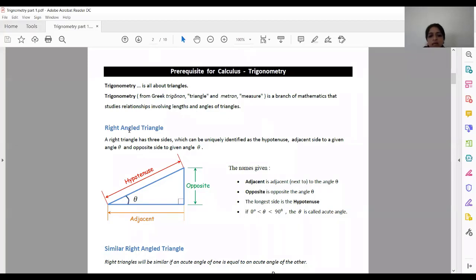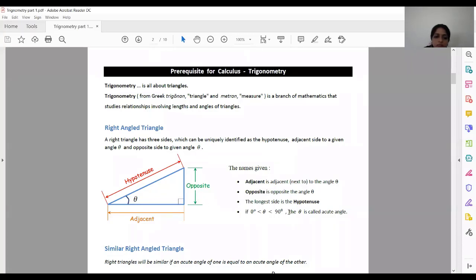So let's start with the right angle triangle. I know you already learned in school time, a right angle triangle has 3 sides which can be uniquely identified as the hypotenuse, the adjacent side to a given angle theta, and the opposite side to a given angle theta.